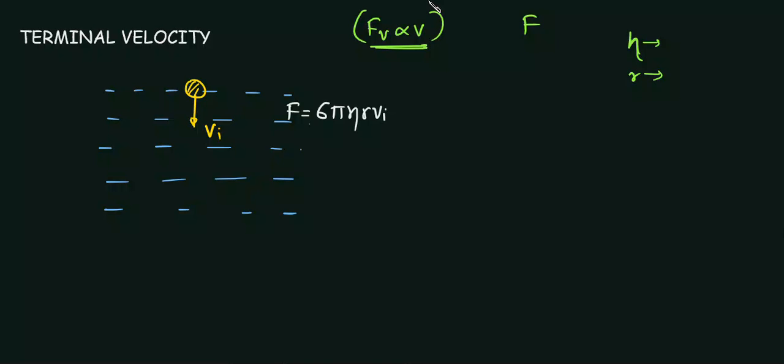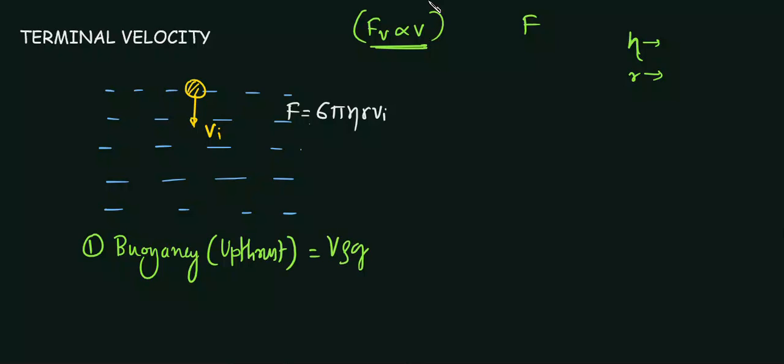Now when it comes in the liquid or in this medium, there are a few forces acting on it. There will be a buoyant force, or buoyancy or upthrust force, which is equal to V rho g, if you remember, where V is the volume of the sphere, rho is the density of this liquid, and g is the acceleration due to gravity.